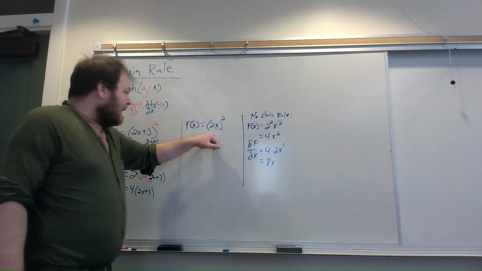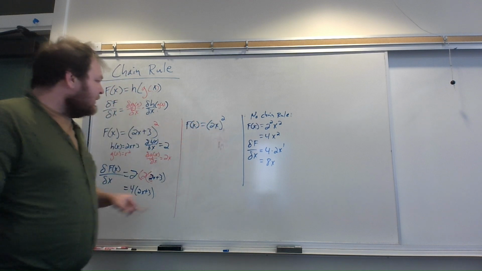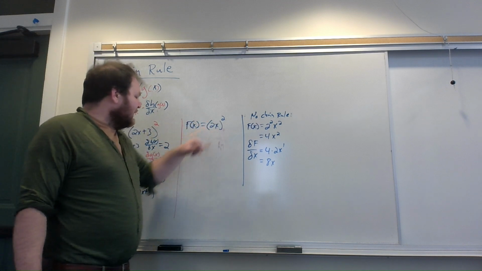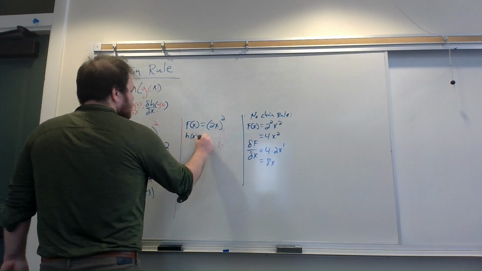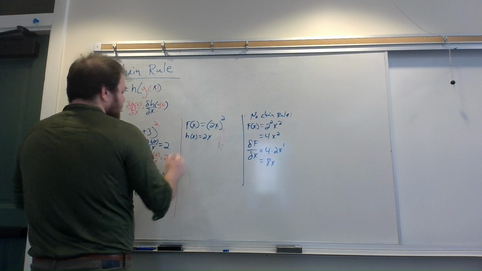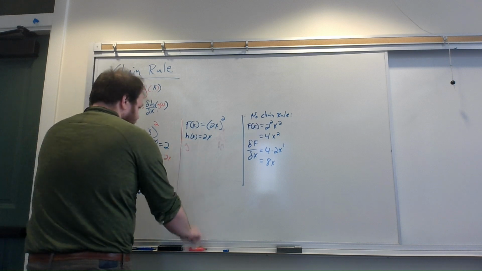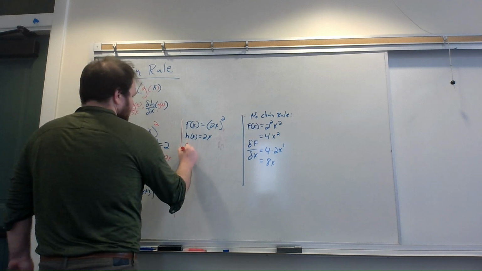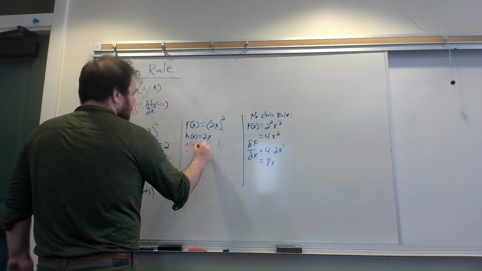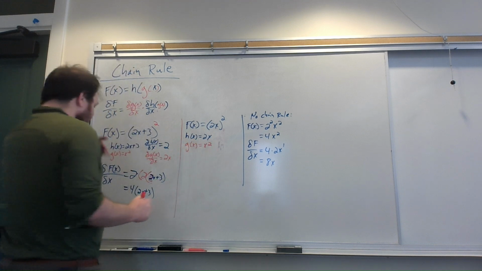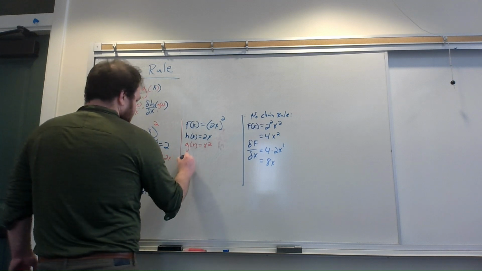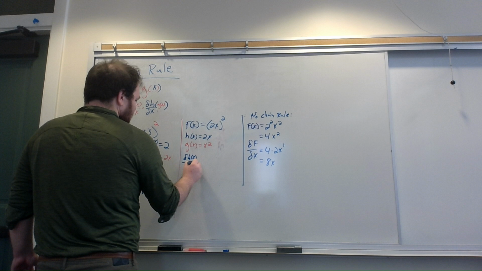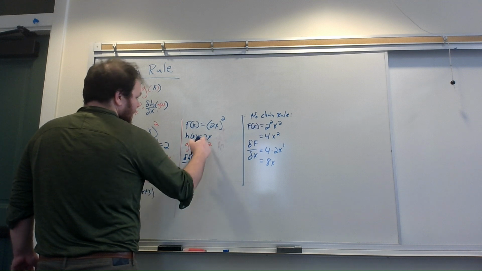But we could also think about this as being a function inside a function. One function is h of x equals 2x. The other function is g of x equals x squared. Then the derivative of h of x with respect to x is going to be 2.